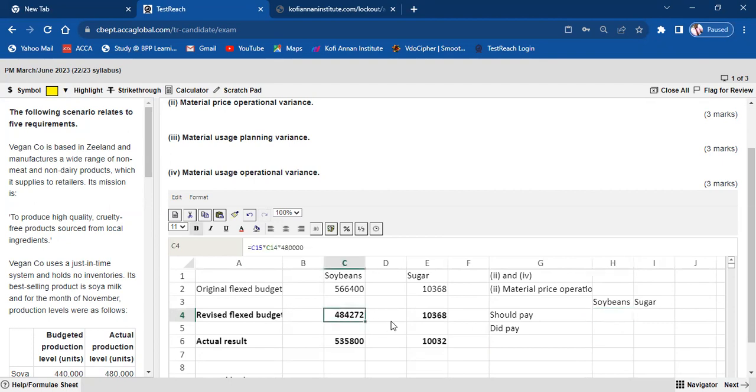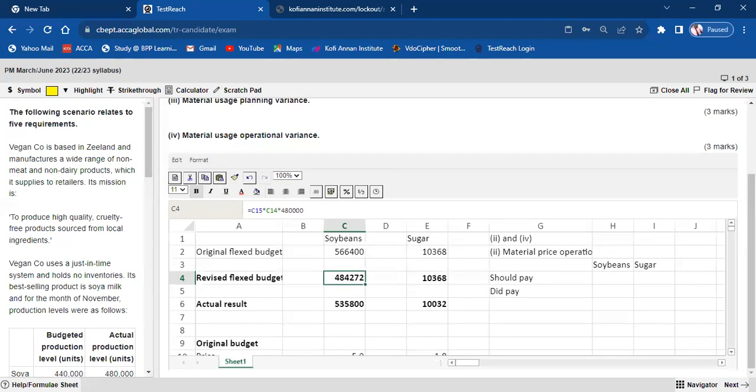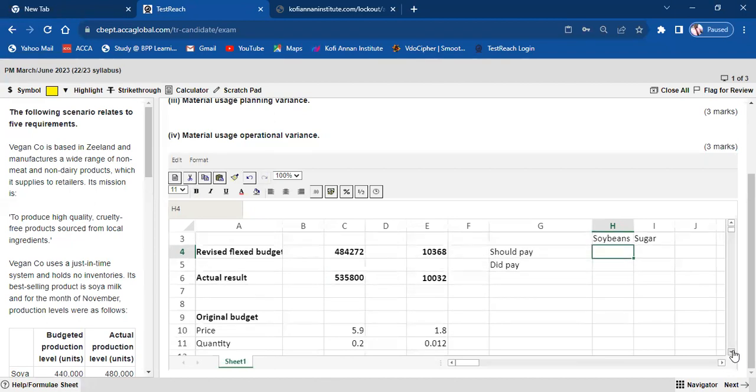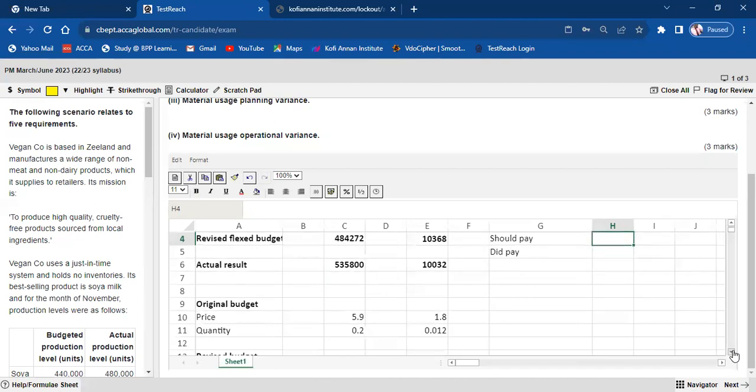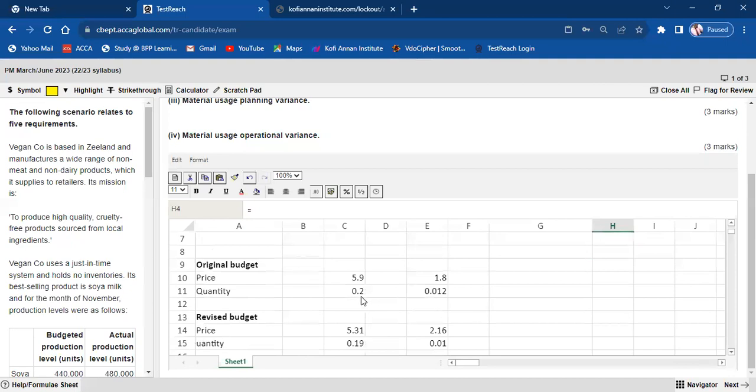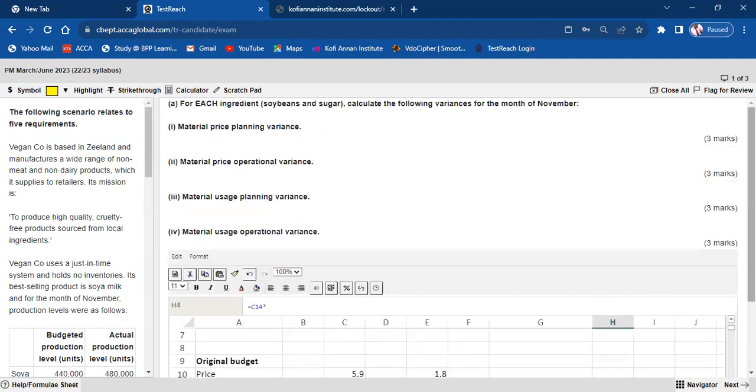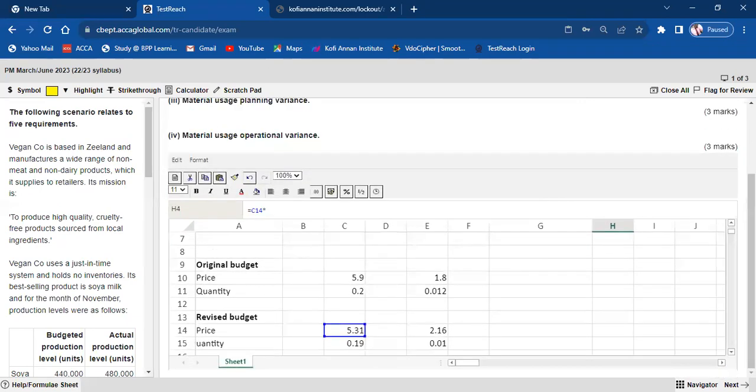Let me do this here. We should pay, that's revised. Soybeans. We should pay a price of revised $5.31 for each one of the kilograms we actually bought.